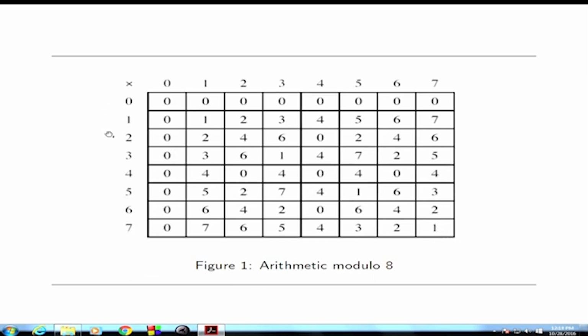But an element like 4 is not co-prime with 8, because the GCD of 4 and 8 is not 1. They have a factor other than 1, so 4 has no inverse. So, for the existence of inverse, the GCD of A and n must be 1.